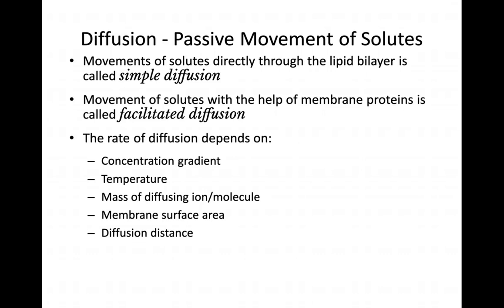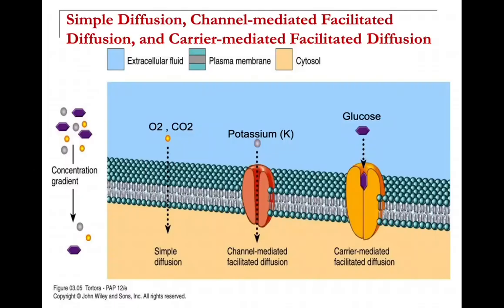A lot of times they're going to need the help of a membrane protein. So we call this facilitated diffusion. Facilitated means it has a helper. The rate's going to depend on the concentration gradient, temperature, mass of the diffusing ion or molecule, the membrane surface area, and the diffusion distance again.